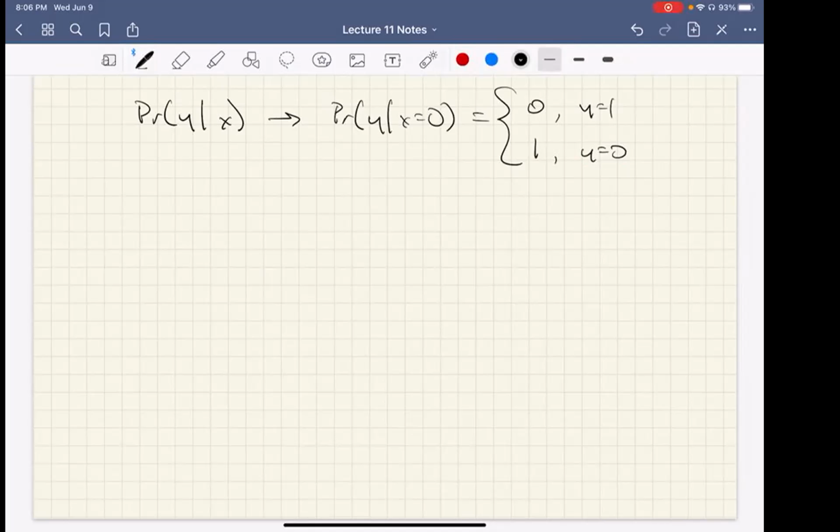On the other hand, the probability of Y given X equals 1: again, I can observe either Y equals 1 or Y equals 0. Now I know for sure that the molecule was sent.